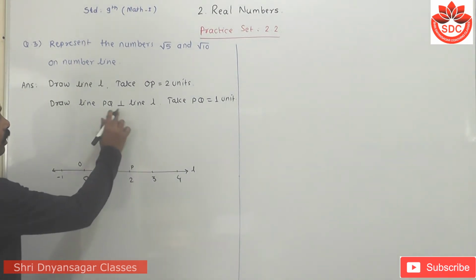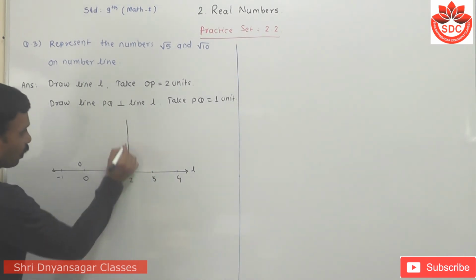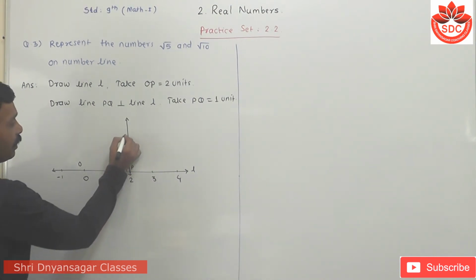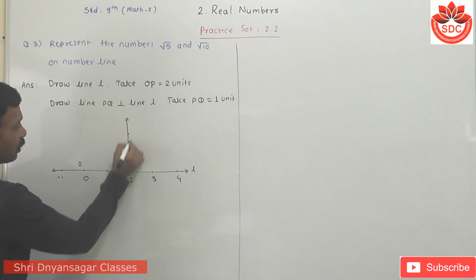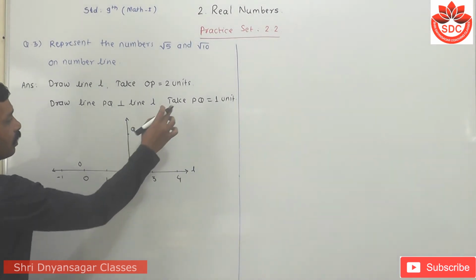You have to draw PQ perpendicular to the line L. Suppose I draw one perpendicular line here, and suppose this point is Q, which is at a distance of 1 unit.